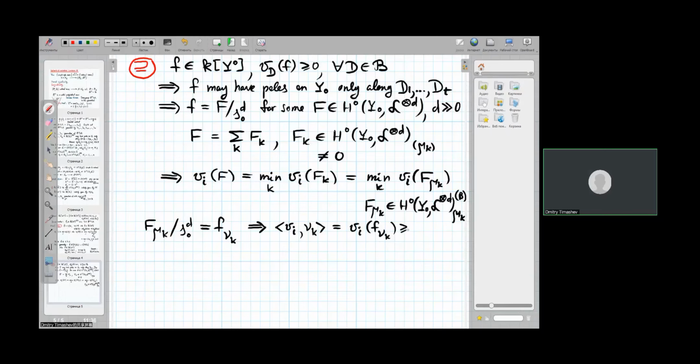is greater or equal than the value of vi at f, because f is given by this fraction. So the value at f is the difference of the value at big F and the value at the denominator. The value at big F is the minimum of these values at f mu k.